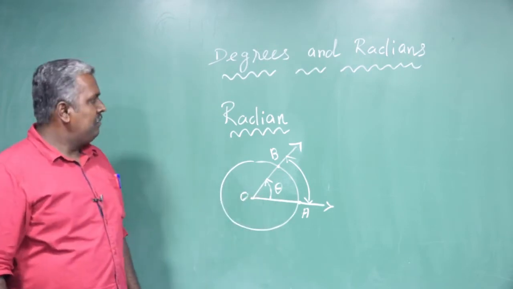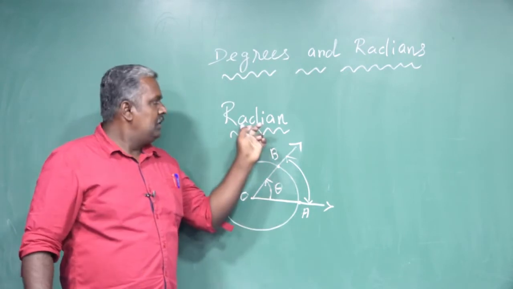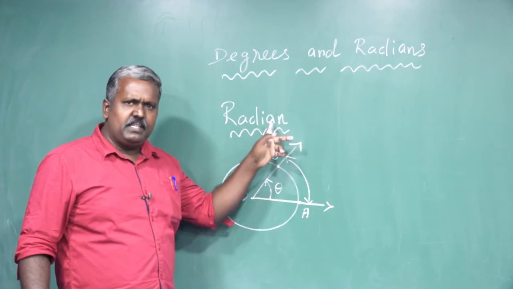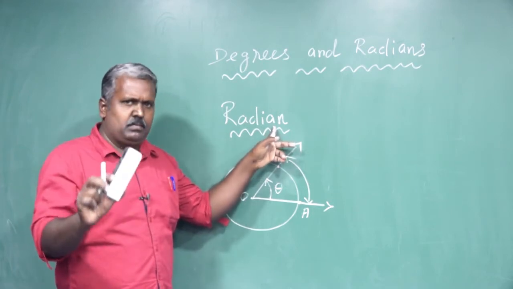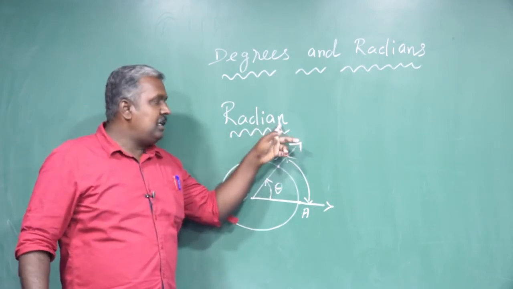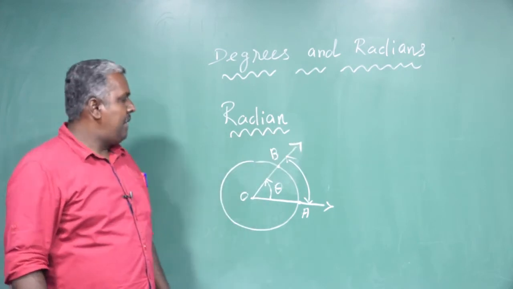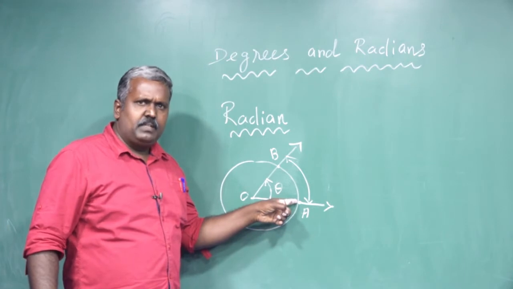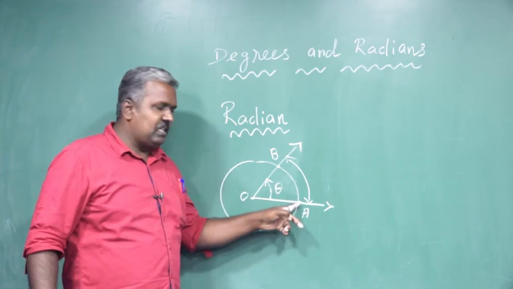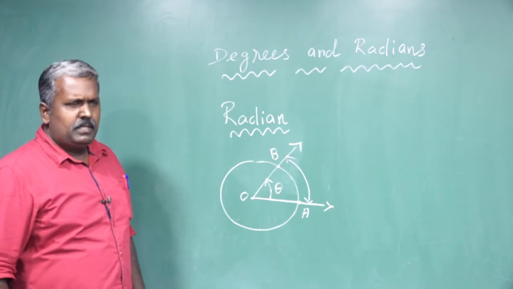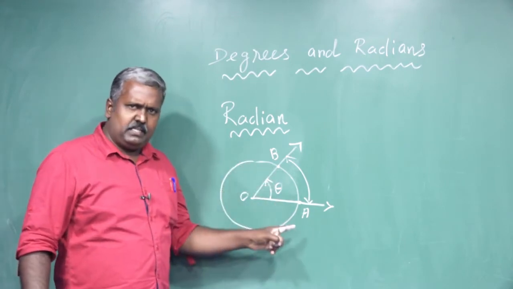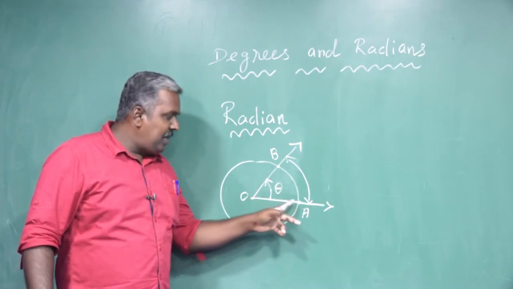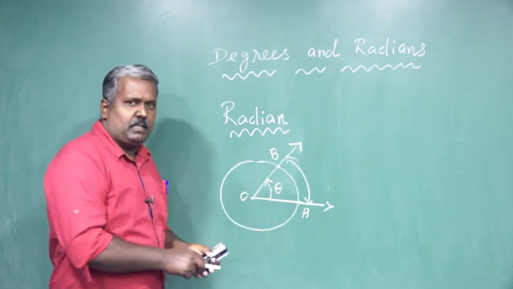But at the same time, radian is defined as, keep in your mind, radian is defined as the length of the circular arc divided by radius of the circular arc.